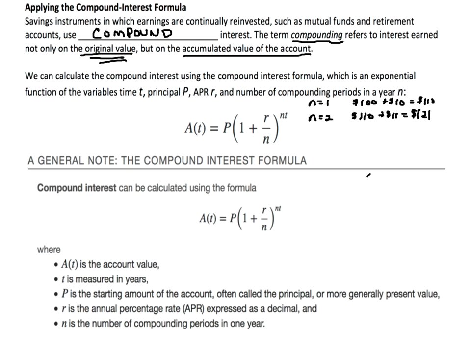When we want to calculate the compound interest, we use what we call the compound interest formula. And here it is right here. What this says is the account value, A of t, where t is measured in years, so there's t right there, is equal to my principal, or what I started with.